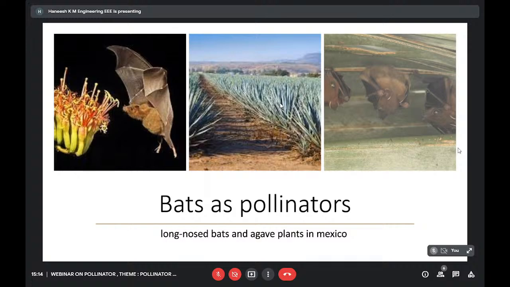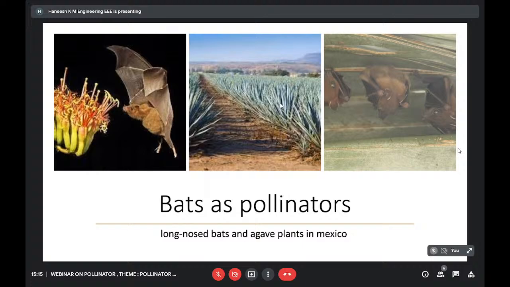By the time of flowering, they will have cut down all this agave, so that the bats are not getting the chance to pollinate them. Not only that, they are not getting sufficient food, because their main source of energy was the nectar and pollen from this particular plant.